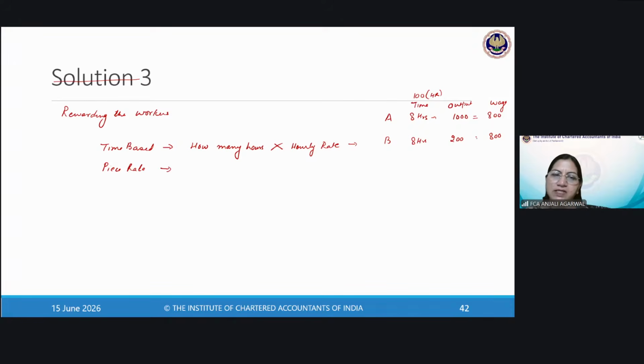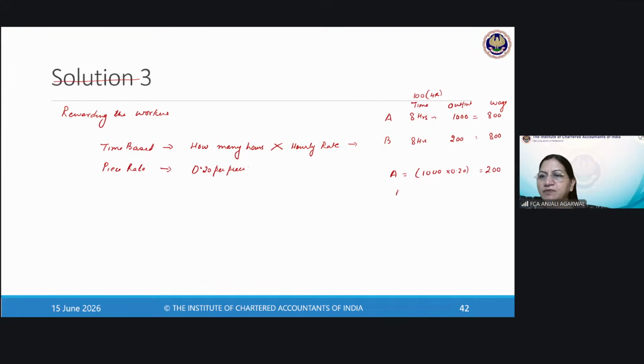So the better way is that you reward the workers by giving piece rate. So if the piece rate is, let's say, 20 paisa per piece, automatically what will happen? Worker A here will get 1,000 into 20 paisa, let's say 200 rupees in a day.